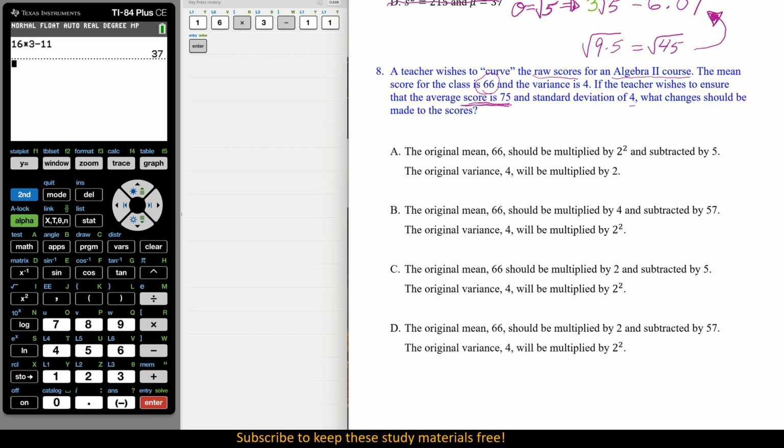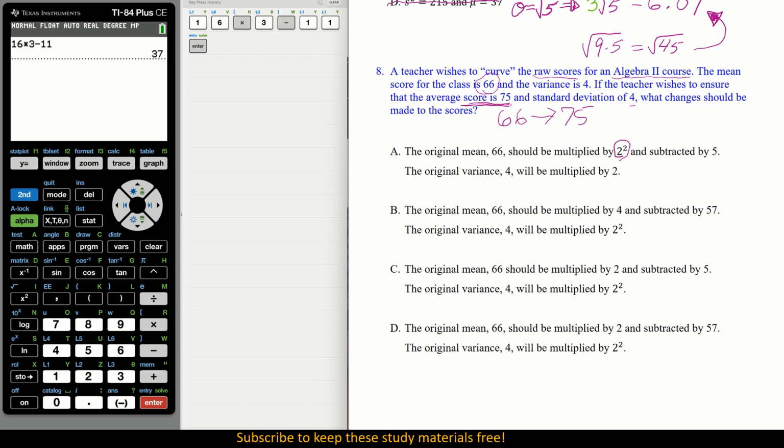Let's look at A. The original mean is 66. The original mean should be multiplied by 2 squared and subtract 5. Remember, we're going from 66 up to 75. The actual difference of that is 9. I think what they may be trying to do is trick you.